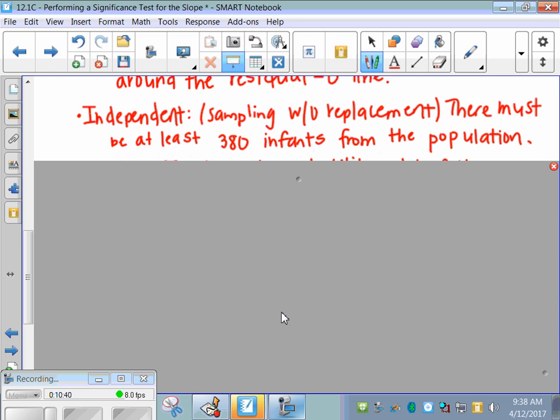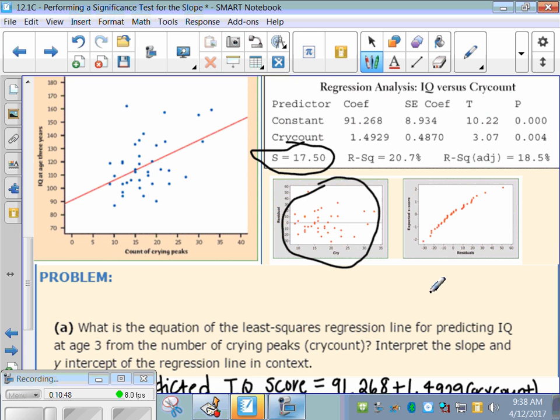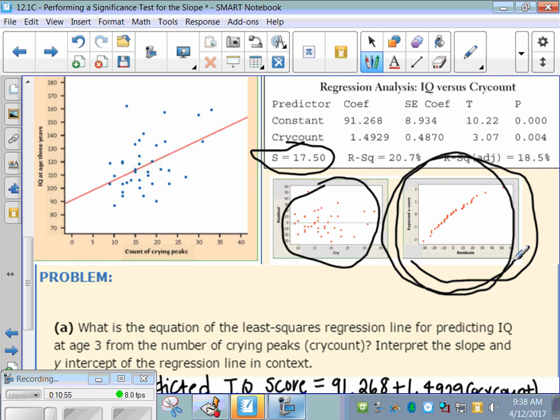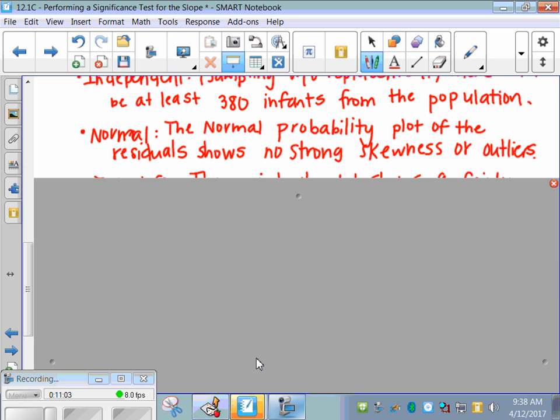All right, and N, Abby, what's N stand for? And do we have normal? Yes, and I would look here. You need to say that the normal probability plot of the residuals is roughly linear, okay? And we've got no strong skew or outliers also.